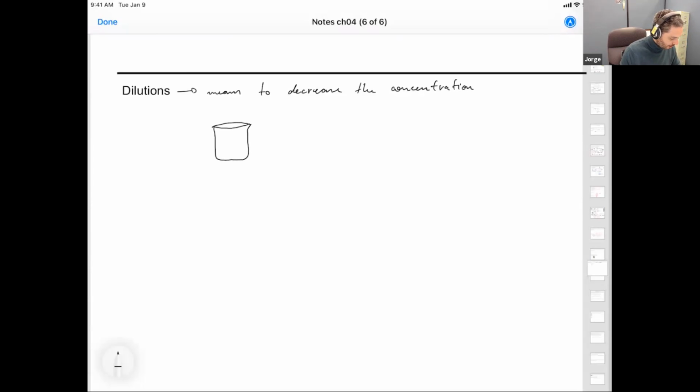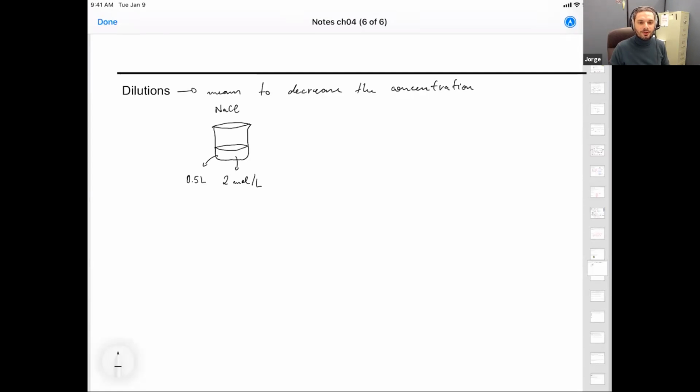Imagine here that I have a sodium chloride solution. The initial volume of this solution is 0.5 liters, and the concentration of this solution is 2 mole per liter.